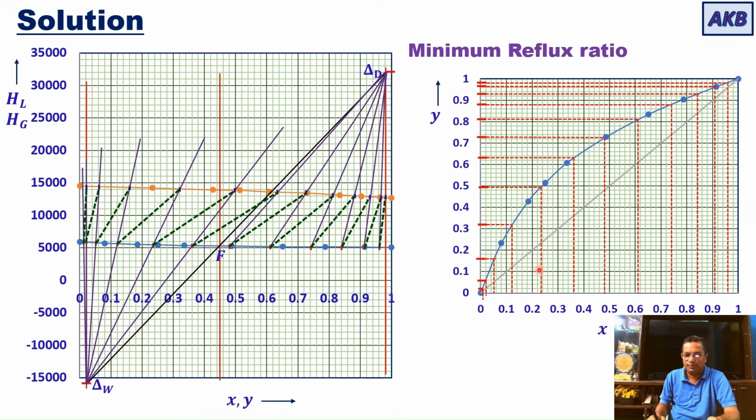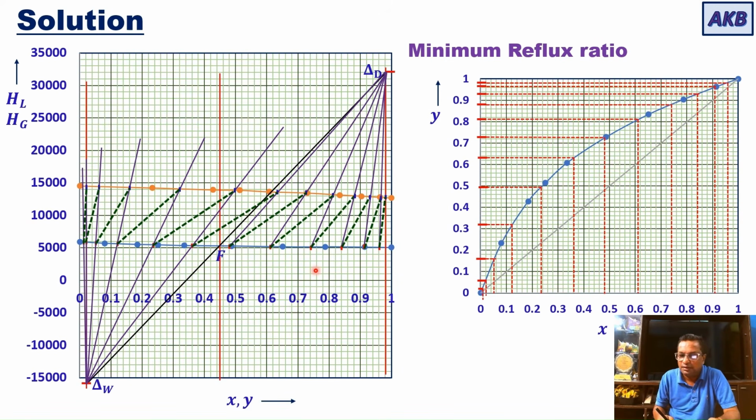Now we are interested in the case of minimum reflux ratio, so we are interested in a tie line that passes through F. Why is this tie line important? For that, you have to refer to my video on the steps involved in the Ponchon-Savarit method. I have given the link to that video in the description section.